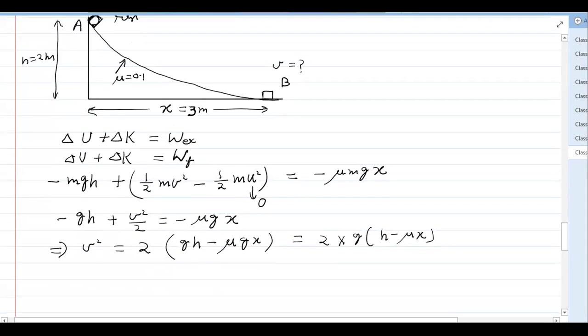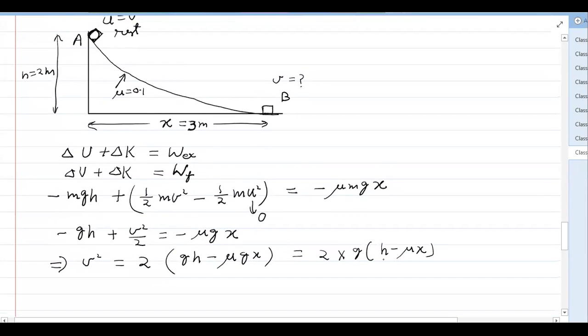So this is also one we can take as a formula. I will write it separately. So 2 into 10, and h is how much? The declining height h is 2 meter minus mu, 0.1, into 3.